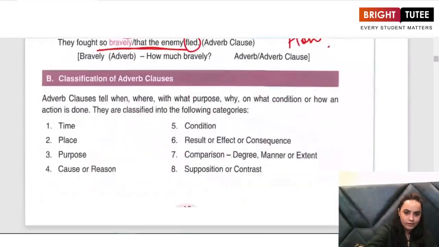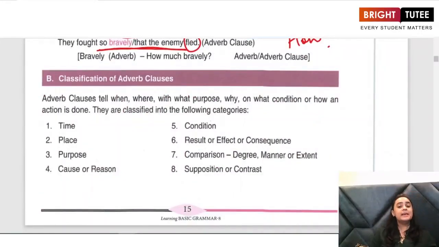Now, adverb clauses can be classified on the basis of what they tell us. Since we are talking about adverb clauses, we are automatically considering adverbs.